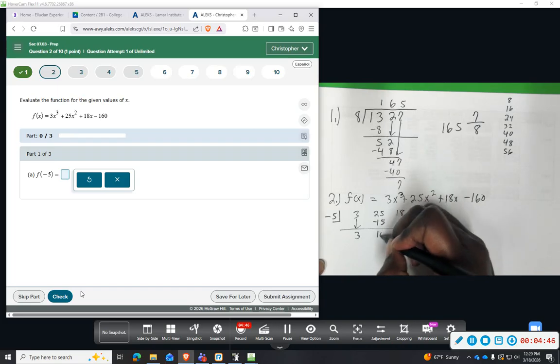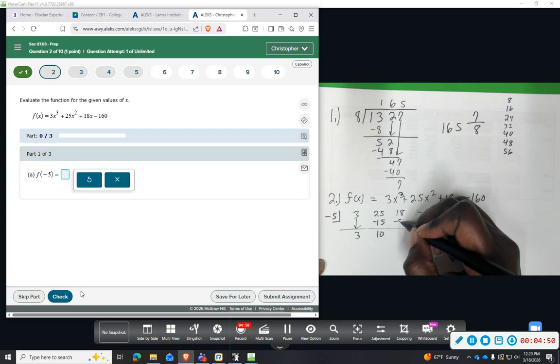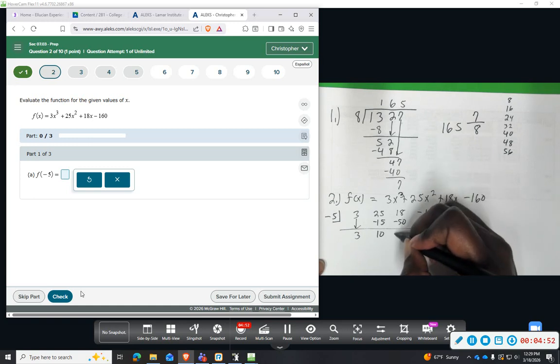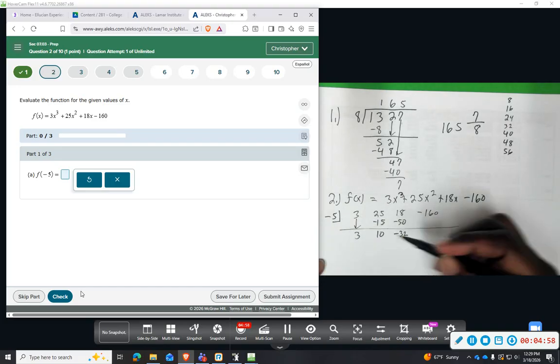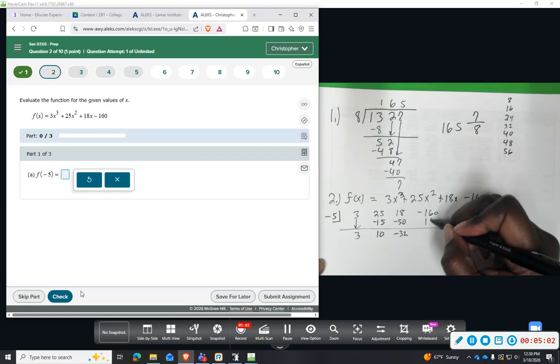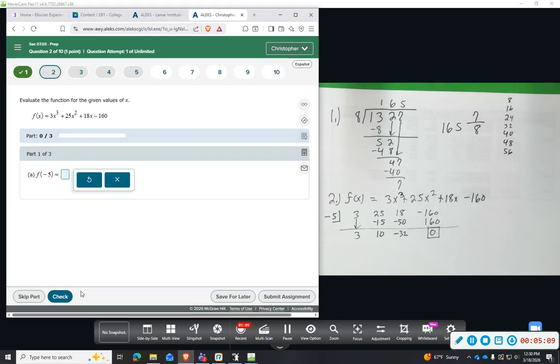Subtract, we get 10. -5 times 10, -50. Subtract, we get -32. -5 times -32, 160. Then we combine, we get 0. So the remainder is 0, so that tells me it goes in there evenly.